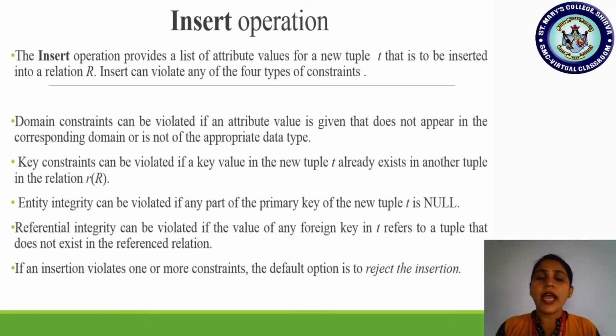Are you all understanding? And in the domain constraints only, for example, the employee name is of character data type. If you are inserting a number, it takes it as a character, as a number also can be considered a character. It doesn't matter, but it becomes invalid, right? Yes.